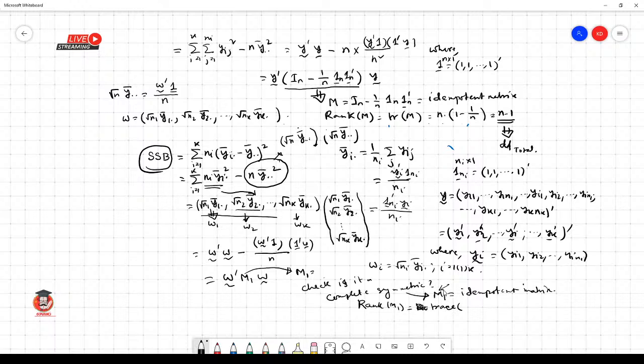I assume M1 is a complete symmetric matrix; your job is to prove that. And then you see that rank of M1 is equal to trace of M1, which is equal to k minus 1. So this is your homework. Please find it.